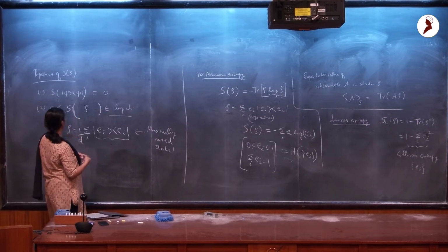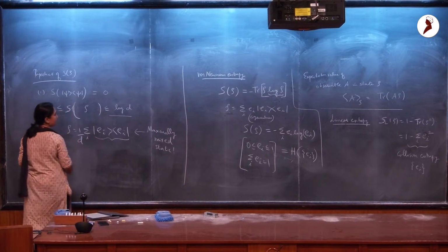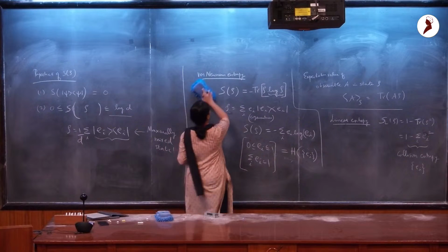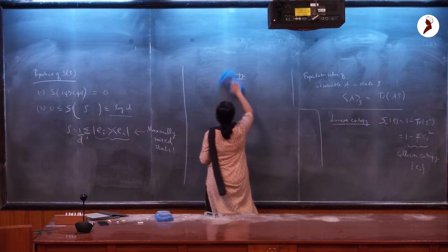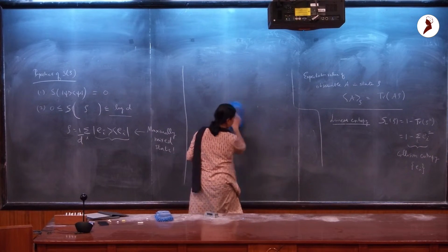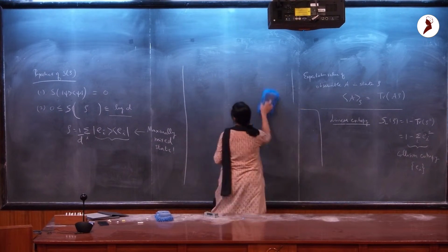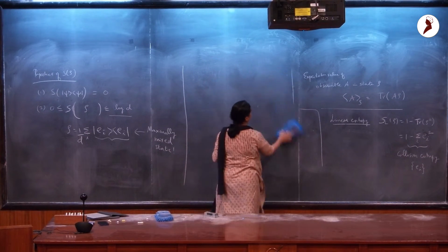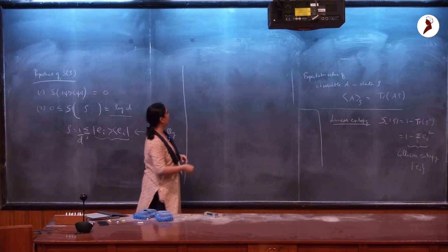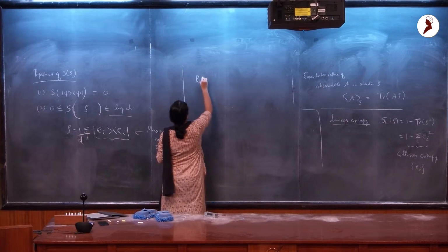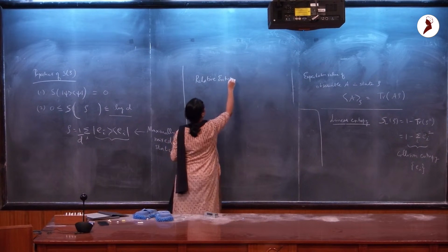In the classical case, the relative entropy is also often called a divergence, the Kullback-Leibler divergence. It can be thought of as a distance measure between probability distributions, right? I'm just going to call both of them relative entropy, the classical and the quantum case.